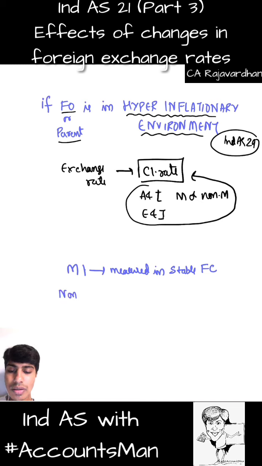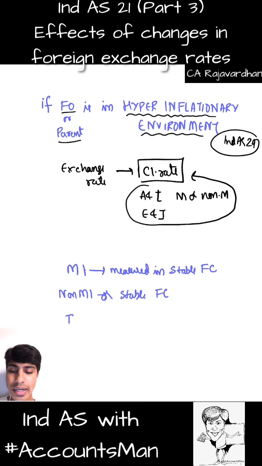The entire public prefers investing in non-monetary items or stable foreign currency. They don't keep the assets in monetary items. Now assume that I belong to Zimbabwe and I have a lot of my earnings in Zimbabwean dollars. Zimbabwe has high inflation, so I will not keep my money in Zimbabwean dollars. I'll either convert it to gold and keep it, because it's a non-monetary investment, or I'll keep it in a foreign currency, in dollars. You get that? So that's the case.